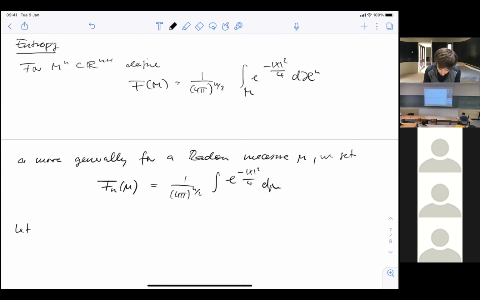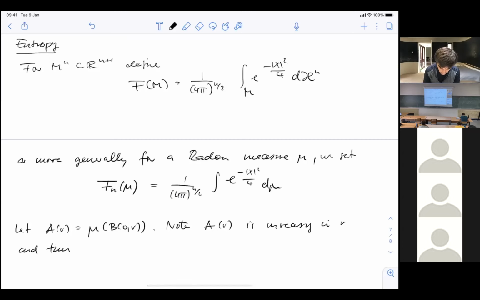Now let A of r be just mu of B_r(0). Note A of r is increasing in r. Sure, it's just monotonicity. And for an increasing function, you know that the derivative exists as a Radon measure always. And thus A prime of r exists as a Radon measure on R plus.